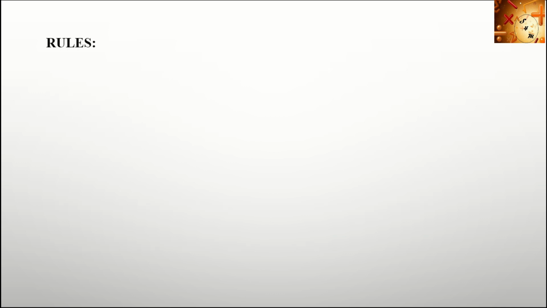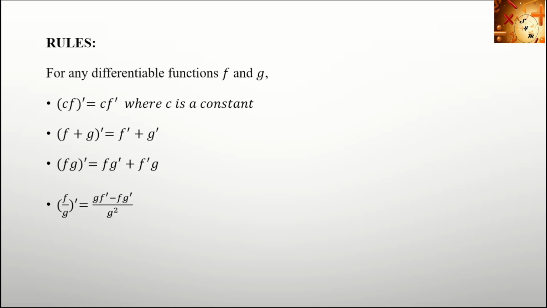Next, moving to the rules. If f and g are two differentiable functions, then we have these properties. Derivative of c into f, where c is a constant, is equal to c into derivative of f. Then derivative of f plus g equal to f dash plus g dash.